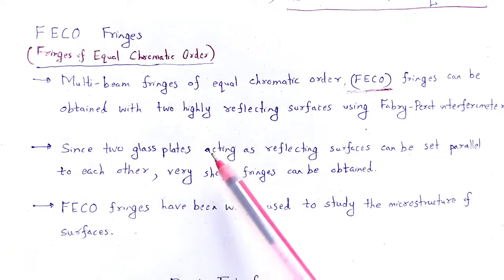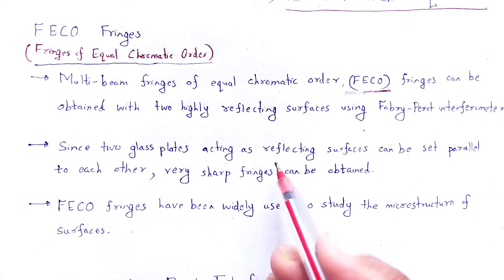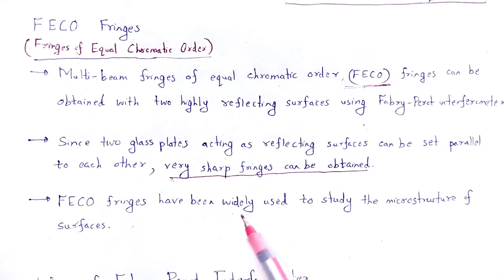Since there are two glass plates acting as reflecting surfaces set parallel to each other, P1 and P2, very sharp fringes can be obtained.